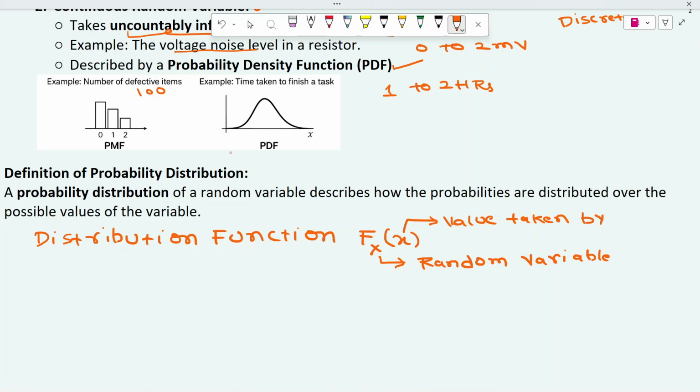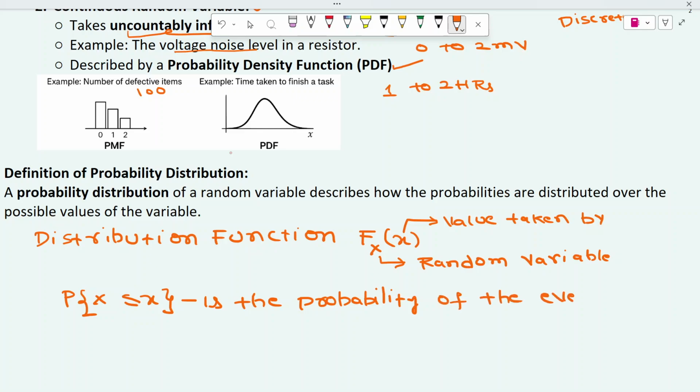So we define the distribution function as P of capital X less than or equal to small x, which denotes the probability of the event capital X less than or equal to small x.